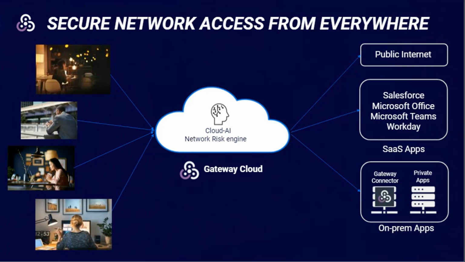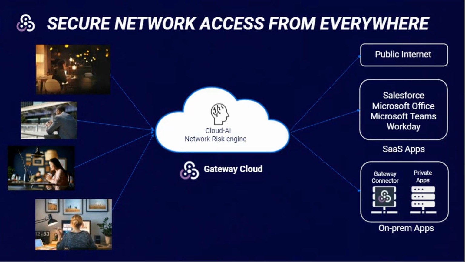It gets routed to the Gateway Cloud, where our intelligent network risk engine is running with our Cloud AI capabilities. It's assessing risk and adapting policies dynamically. And the request goes out to either the public internet, your SaaS applications, or on-prem apps that you might have. And you might notice here the Gateway connector. That's the virtual appliance that we use to establish connection with your on-prem app.